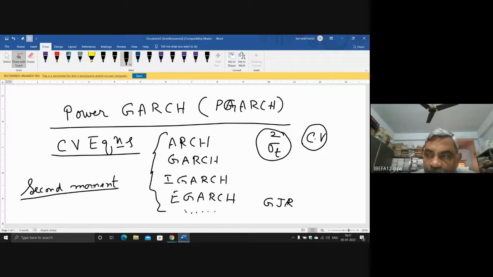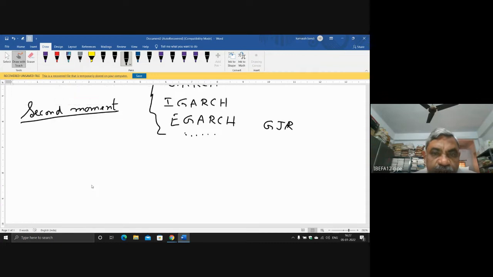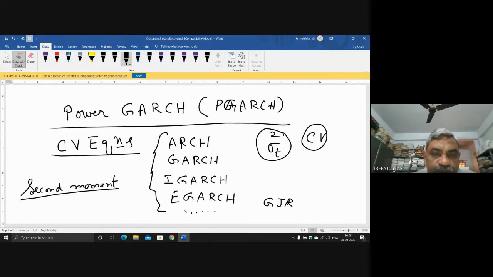Why not the functional form of the conditional variance equation be completely left to the data rather than conforming to these forms which are a priori arbitrarily imposed on the model? Actually, this is the basic idea.